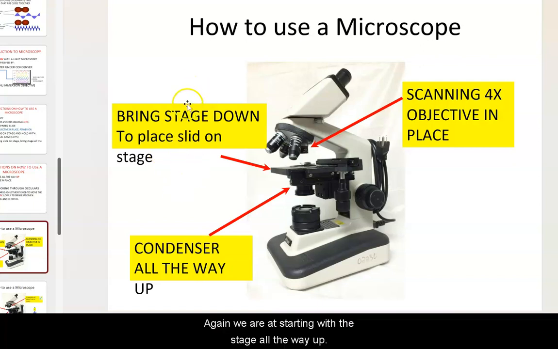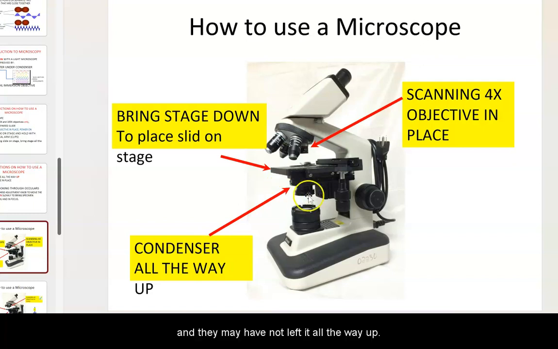So again, we are starting with the stage all the way up at the 4x objective, the scanning objective in place. Make sure the condenser is also all the way up. Sometimes the previous students may have been playing around with the condenser and may have not left it all the way up. There is a knob that will control the position of the condenser.